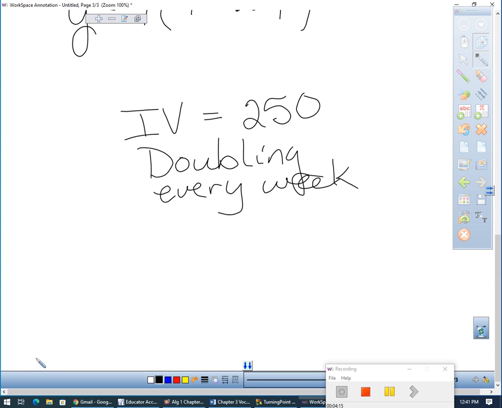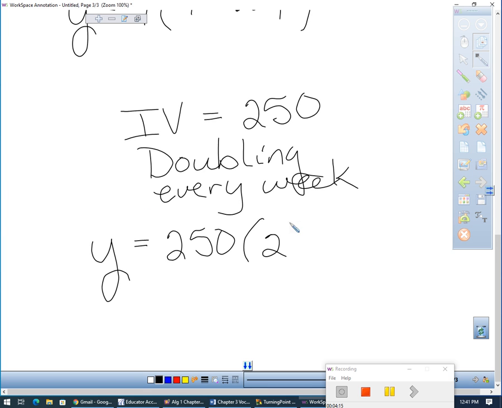How are we going to write this one? Right, y equals 250. If it's doubling, it's increasing, but it's not going to be 1 plus because I'm not giving you a percent. The doubling is just your b value, so in here we're just going to say 2. If I was doing halves, we'd say half, right?